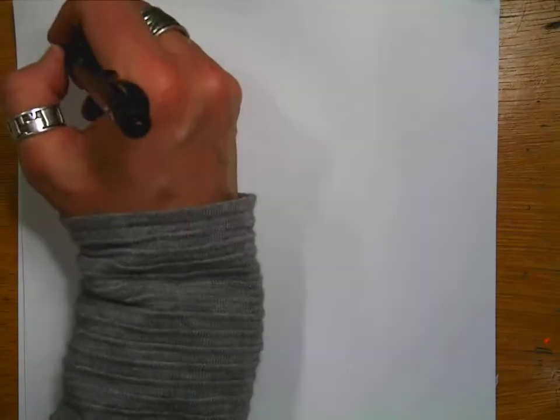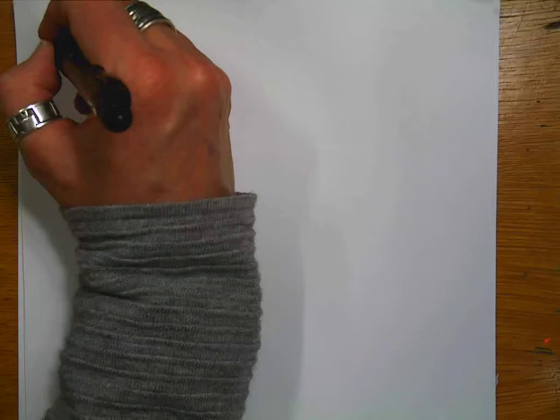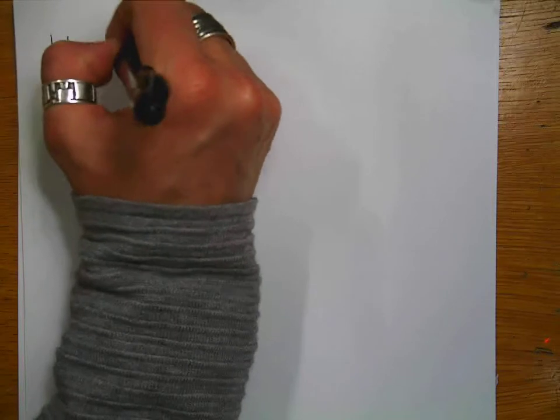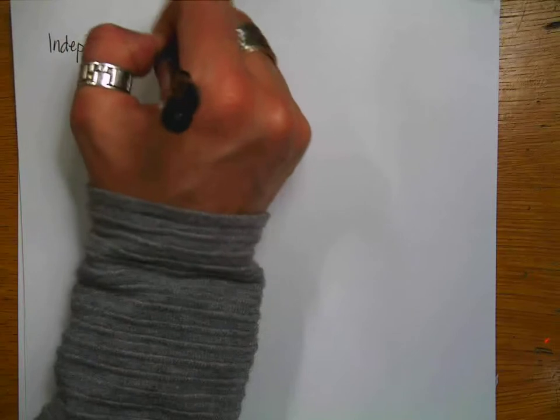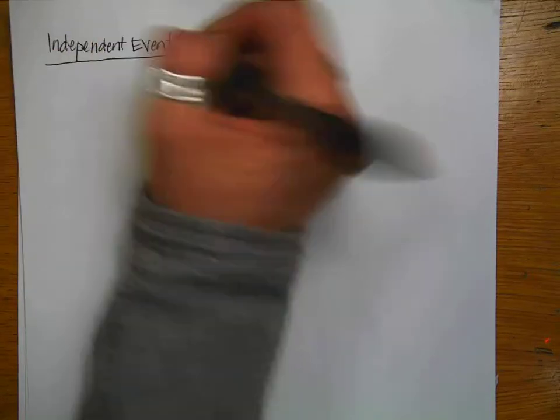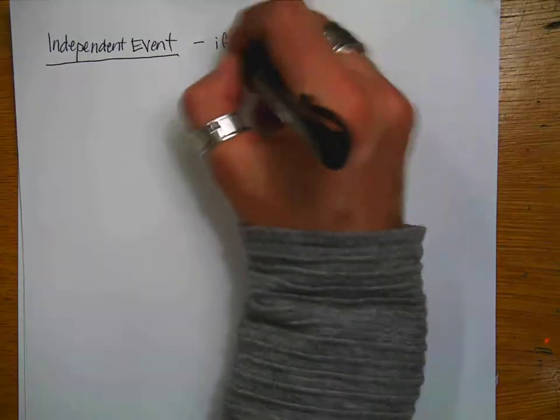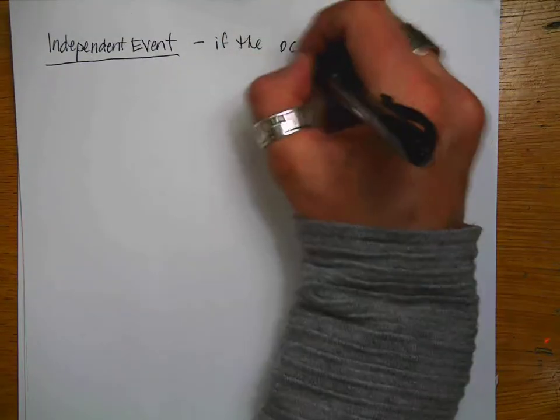The last thing that we have to talk about today is an independent event. Actually, I lied. We have a couple of things to talk about. The next to last thing is an independent event. An independent event is a little bit different than mutually exclusive.